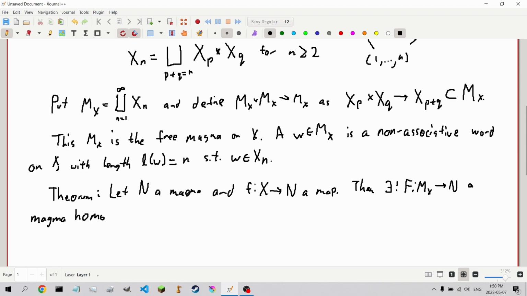So this is, as always, going to take our product, essentially commuting with this f. And this is going to be extending our original map.